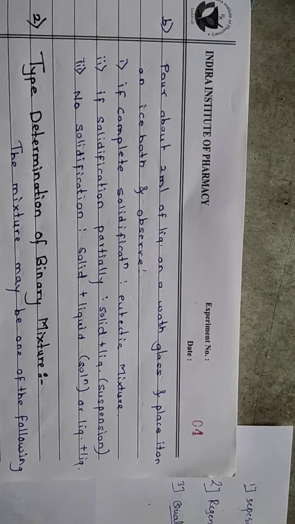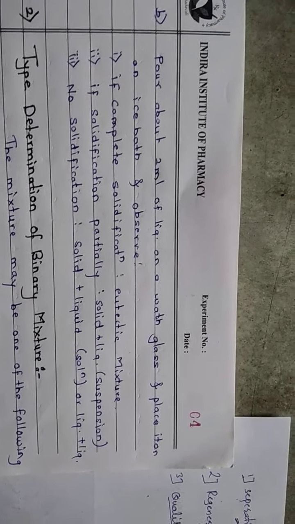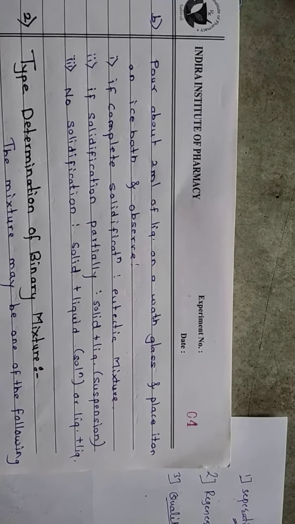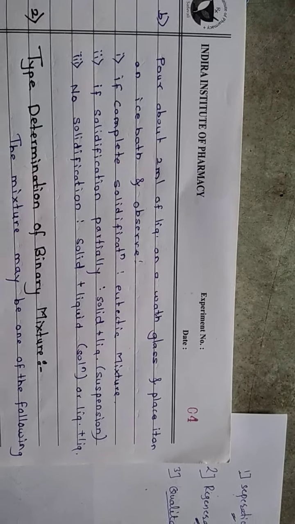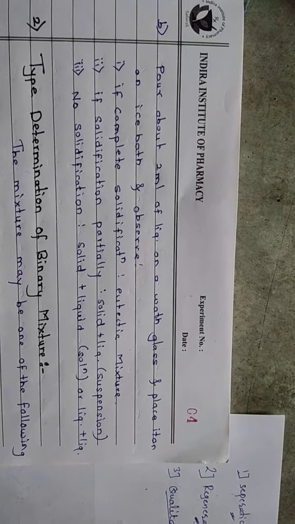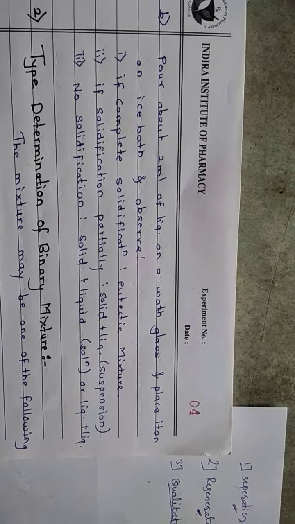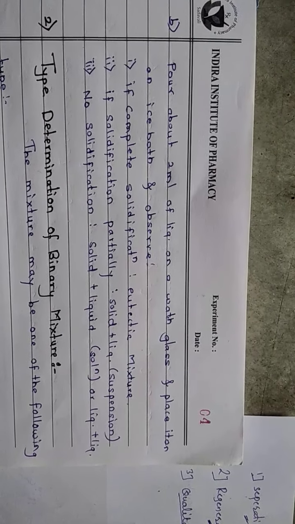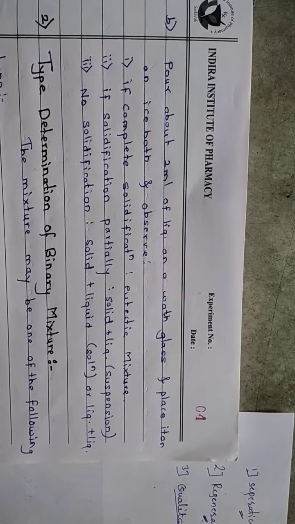Now, as we have seen the physical forms of the mixture, solid plus eutectic, solid plus liquid insoluble, and then liquid plus liquid, if you have to find out the form of the two compounds present in the mixture, you have to place the liquid on a watch glass, keep it on an ice bath, and observe.